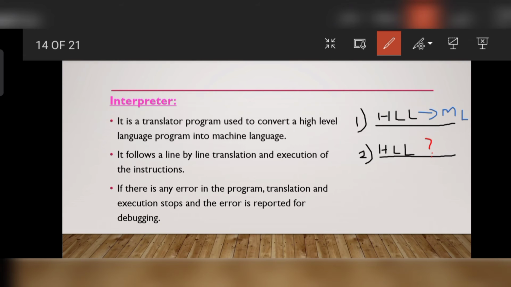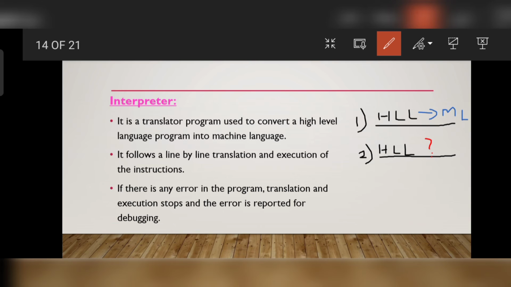Then it will request debugging, or correcting the instruction. When we are entering the second line, if there is an error, the computer will show some message to check the instruction that we have given.